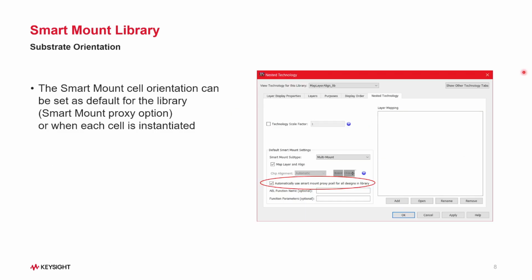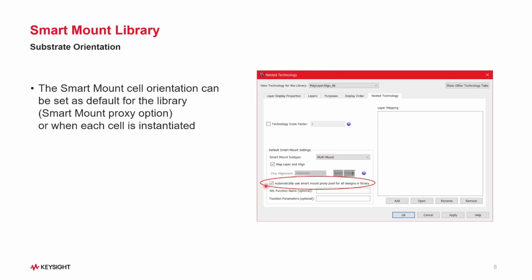These settings are defined in the nested technology window in the technology selections that I showed earlier, and as you see here, the Smart Mount subtype is where you can select multi-mount, bottom mount, or flip chip.